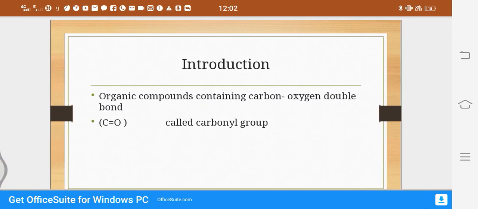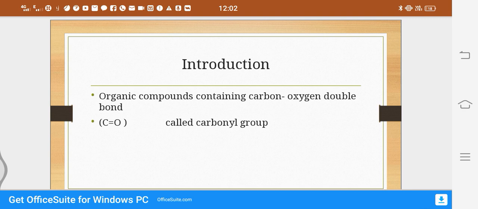Let us see first: organic compounds containing a carbon-oxygen double bond are called the carbonyl group. Carbon double bond oxygen is the carbonyl group. In this, oxygen is the carbonyl oxygen and carbon is the carbonyl carbon.